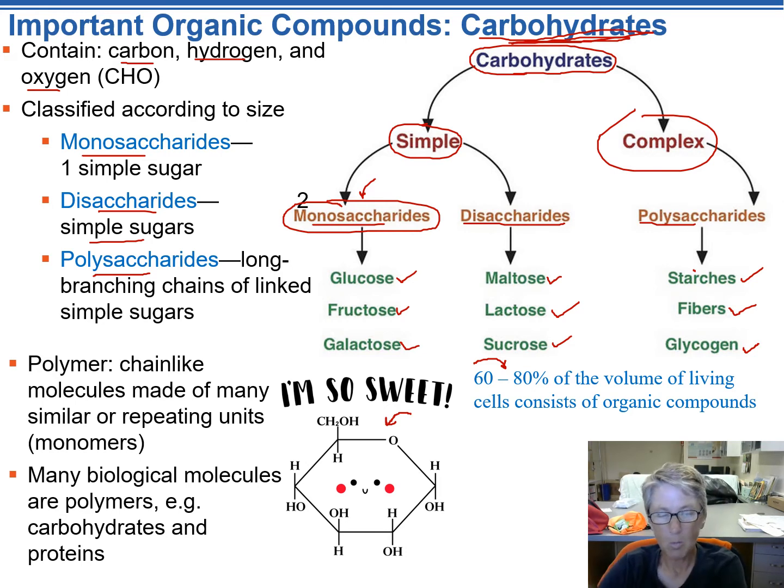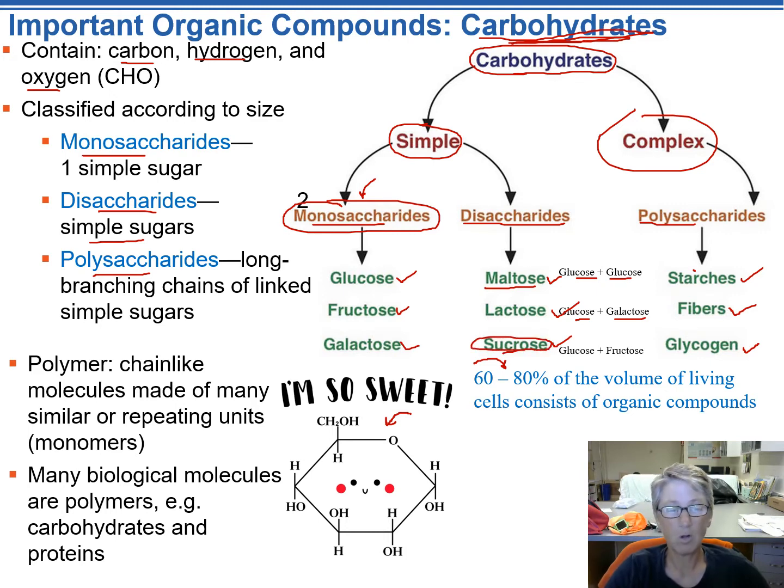Many biological molecules are polymers, so carbohydrates and proteins are classic polymers. This shows the disaccharide maltose is made up of glucose and another glucose. Lactose is made up of glucose and galactose. And sucrose, delicious table sugar, is made of glucose and fructose.